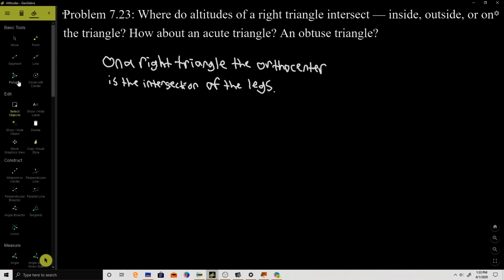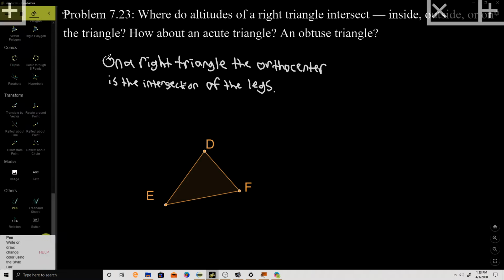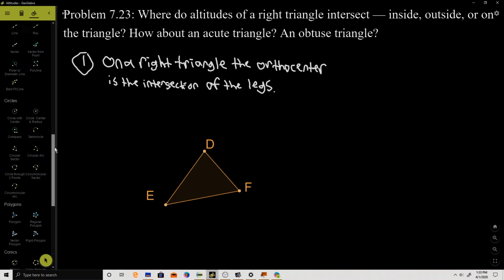How about an acute triangle? So we're going to make an acute triangle. No angle is bigger than 90 degrees. So we have this acute triangle right here. And let me just say, this is the first one we proved. Alright. Now, where are the altitudes going to meet in this case?